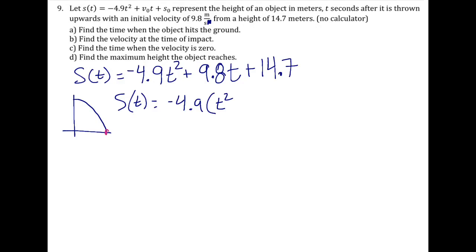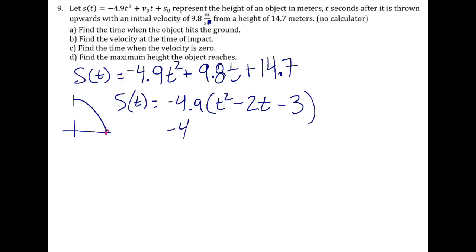I'm pulling out the negative, so that's going to become minus 9.8 divided by 4.9, which is 2t. And then again minus, because 14.7 is positive, so minus 14.7 divided by 4.9, which is indeed 3.